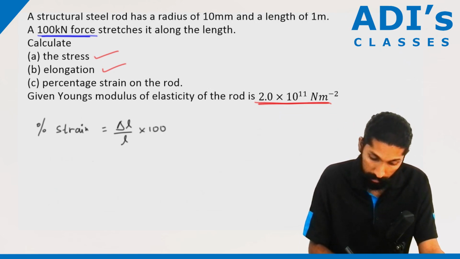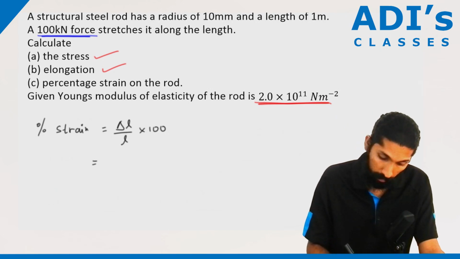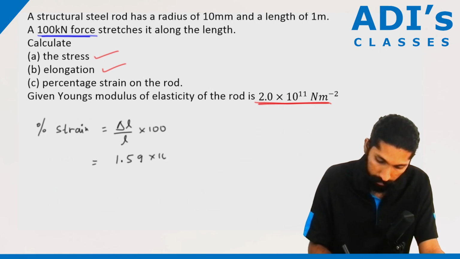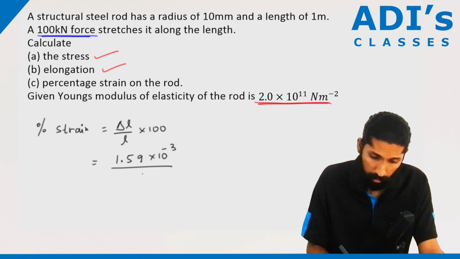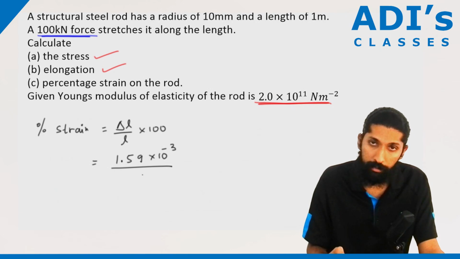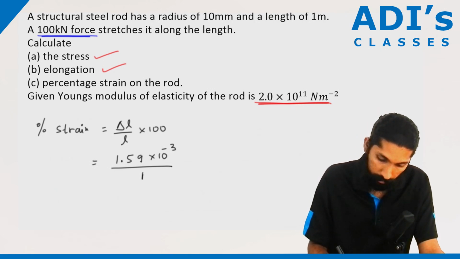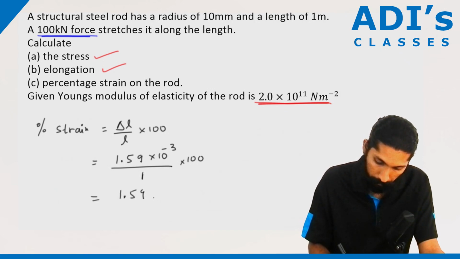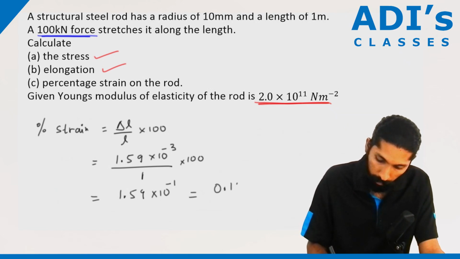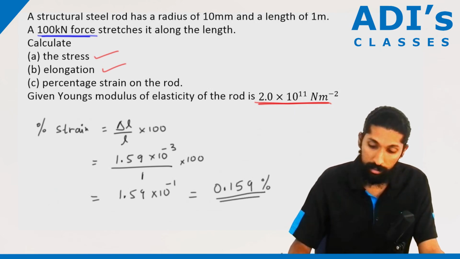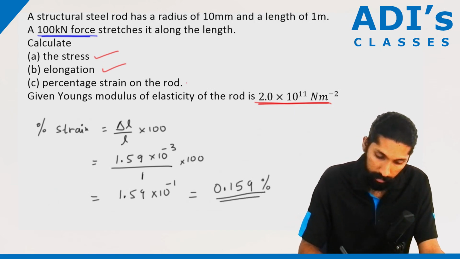Delta L we just calculated: 1.59 into 10 to the power of minus 3 divided by the length, 1 meter, into 100. You are going to get the answer as 1.59 into 10 to the power of minus 1, or 0.159%. This is the percentage strain on the rod.